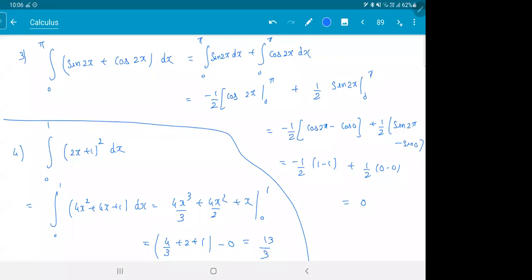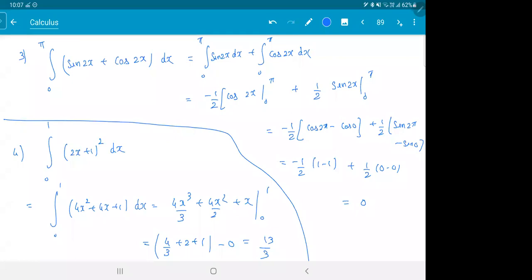Any doubts on this? Please ask. Clear? Turn the page.